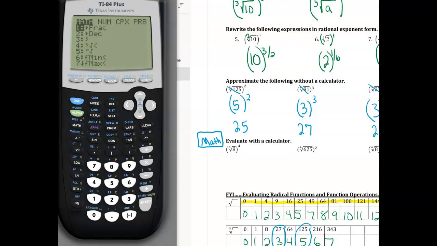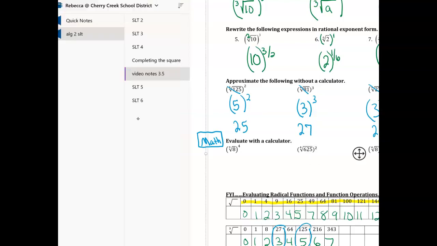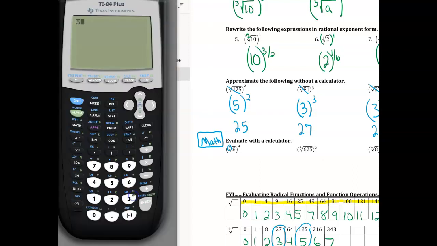So math, option 5. If you notice what mine keeps doing, and I believe it did it on the other operating system, it keeps saying A and S. So this is the older operating system, and this is why I do not like this. What I'm going to have to do first is go ahead and just let the calculator know that I'm about to have an index of 3. So I will be typing in the 3 first, then I'm going to hit that math button, choose the 5th option, and what the calculator is going to do is take that 3 and envision that it's in place of that little x.